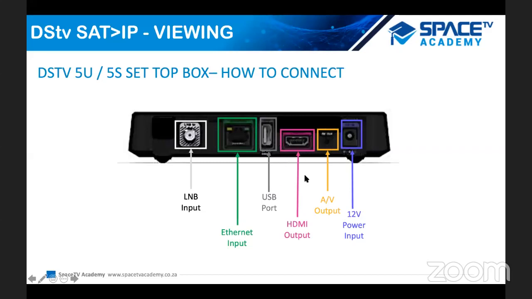So depending on the TV set it's being connected to, typically you would want to use the HDMI output to achieve HD quality images. But should you for whatever reason still have an old CRT type TV, you could still use it by adding the AV output. And obviously we have the normal power supply input. I think these decoders you should all be familiar with. So the main difference here is that we're not using the LNB input anymore, but we will be using the Ethernet input on a SATIP solution.